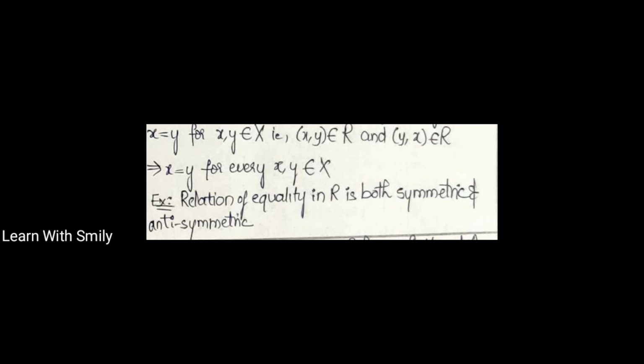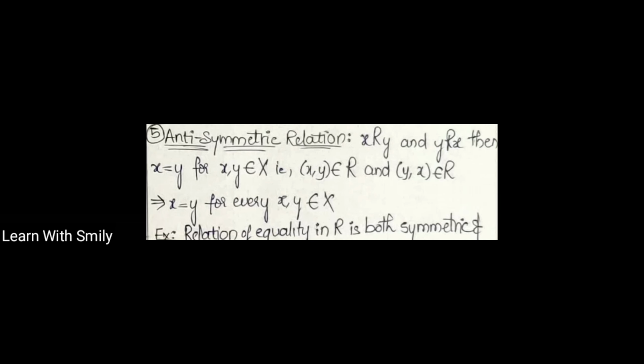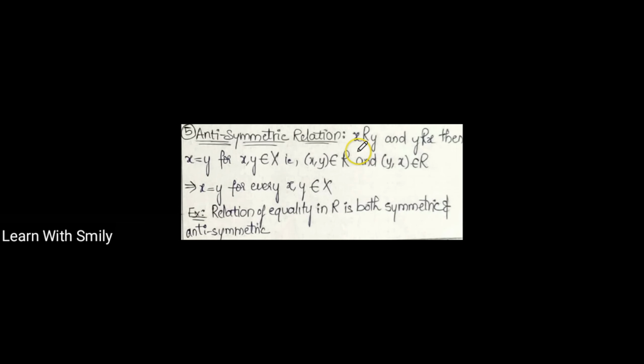Now coming to antisymmetric relation. Here also we are taking the same thing, x and y, and here x relation y and y relation x, then x equals y. So if it is satisfying the particular relation of exchange, then we are saying x equals y for the elements belonging to the set, that is (x, y) belongs to R and (y, x) belongs to R. We are directly making it x equals y.